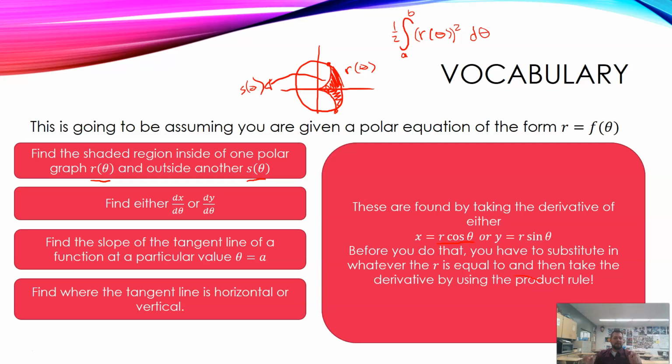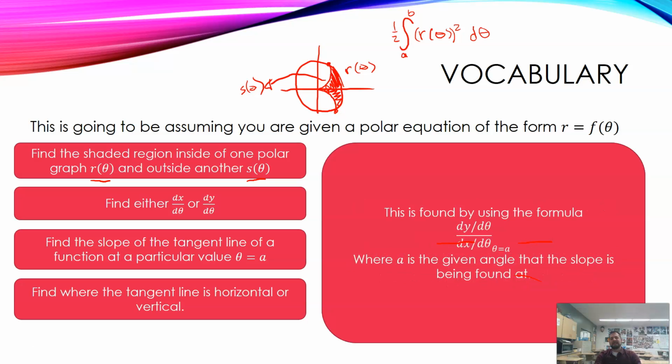The problem with that, and it's not a huge problem, is you always have to do the product rule between that radius function and the cosine of theta. The same thing is true for finding the y value. I have to multiply that radius times the sine of theta to find the y value, so for dy d theta we'd have to use the product rule to find that.